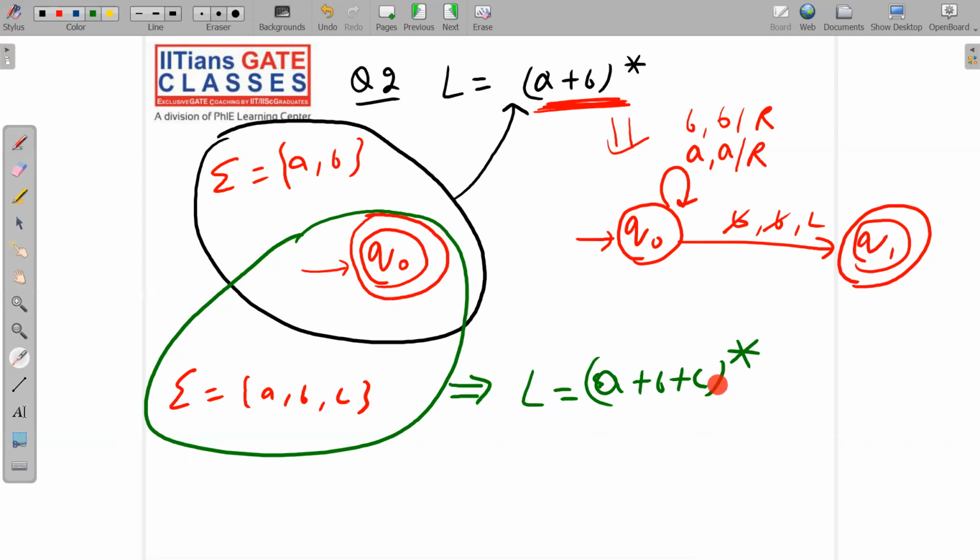I hope I have made the point clear. But this Turing machine is much better because here we do not need to specify sigma. We will directly say that every possible string over a and b will be accepted by this Turing machine.